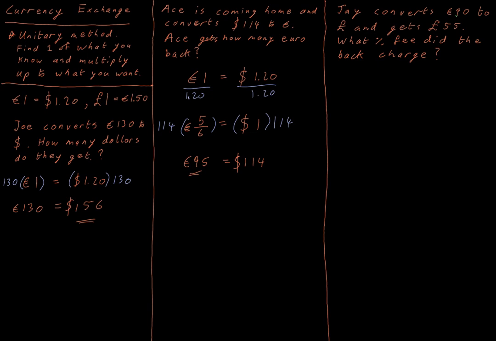So I have 90 euro and I want to go to pounds, and I look at my relationship and I see I have a problem. I know that £1 is equal to €1.50, but I don't know what €1 is in pounds. So I need to divide both sides by 1.50, because 1.50 divided by 1.50 is going to give me 1.